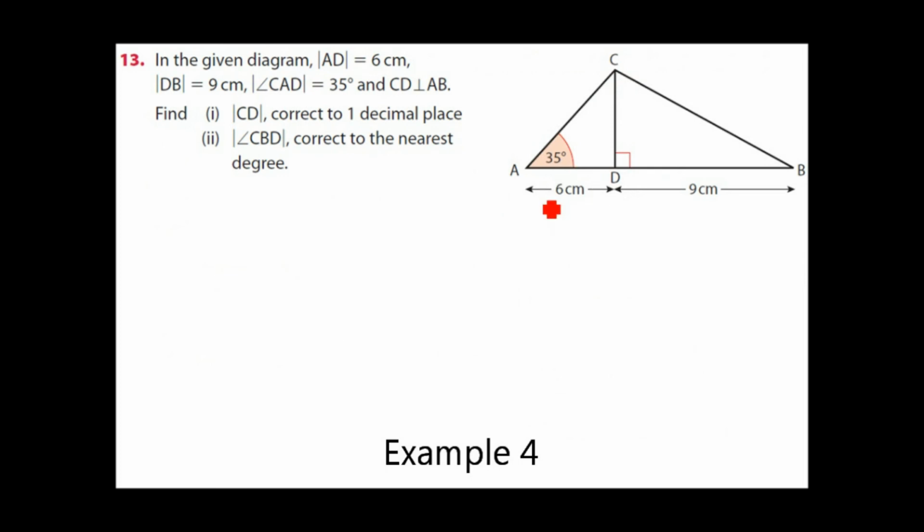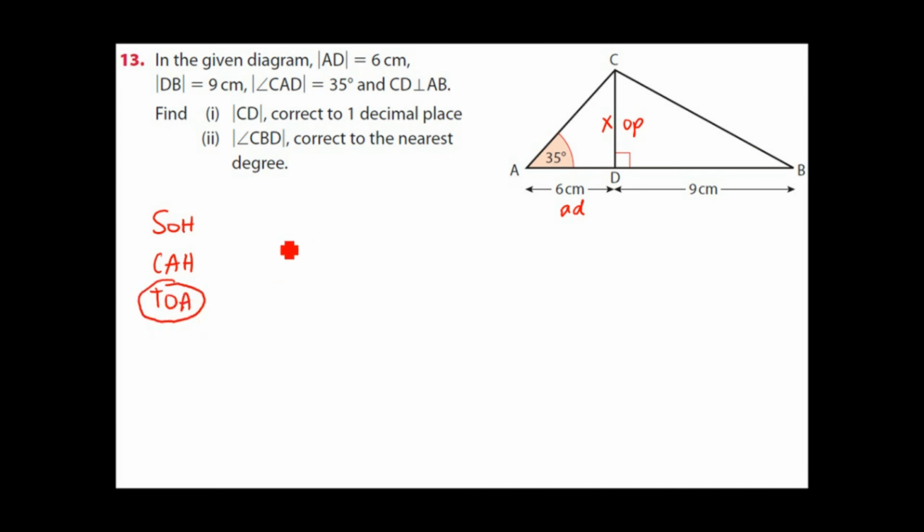Okay, example 4. A little bit like the last one, this one here. So in this triangle, we first try to find what CD is. That's the length of this line here. Let's call it X, just to give it a single name. And we see that it's opposite to 35 and adjacent to the 6. So looking at the small triangle, we'll write down our rules, so SOH CAH TOA. And we're interested in opposite and adjacent. So it's tan, that's what we'll use.